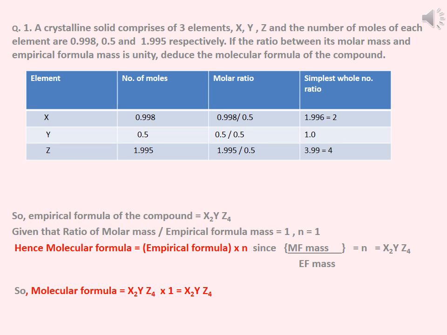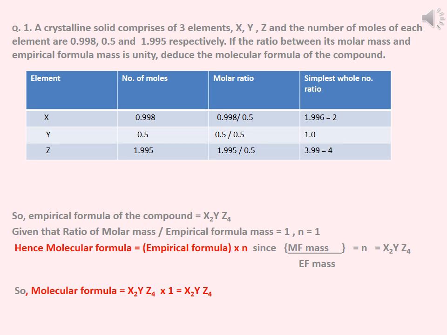So, first we would be ascertaining the simplest whole number ratio, that is the empirical formula, for which we tabulate the given data. The first column consists of elements X, Y, Z. The second column is number of moles. Already it is given in the problem.